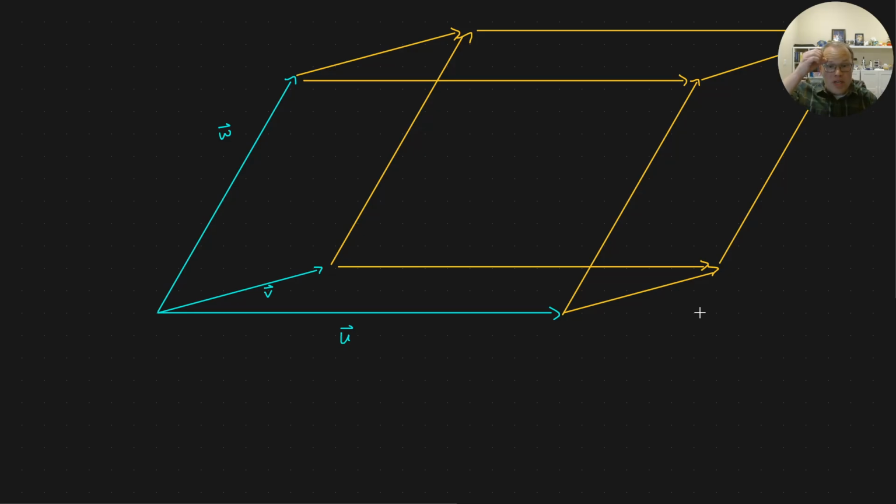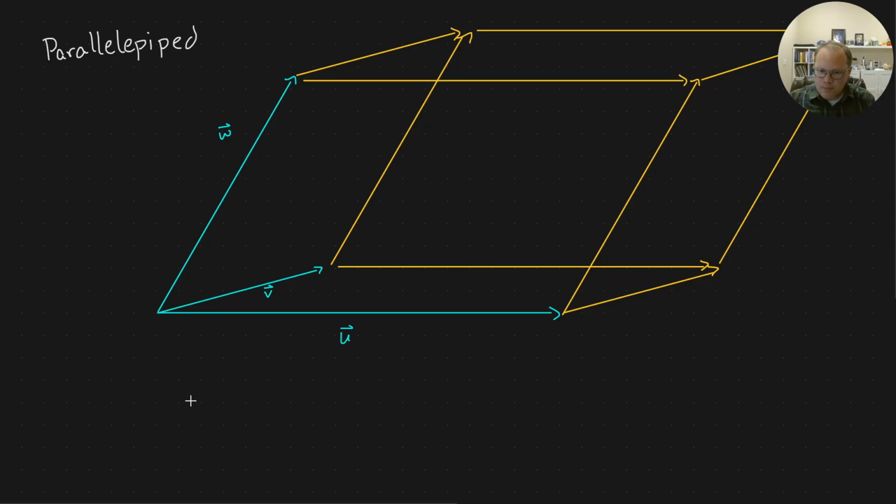Okay? We call this shape a parallelepiped. Okay, it's the three-dimensional equivalent to a parallelogram. So instead of finding just the area of a parallelogram, can we find the volume of a parallelepiped determined by three vectors?